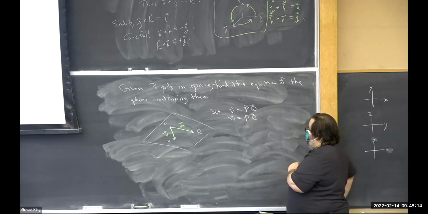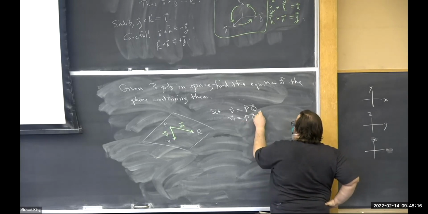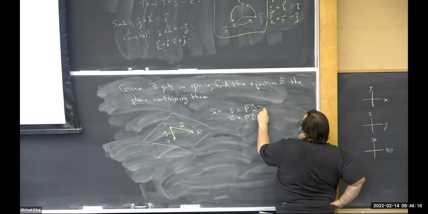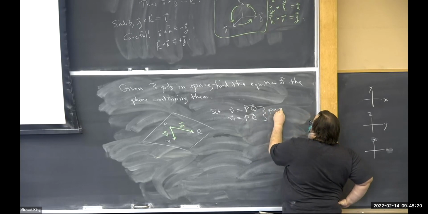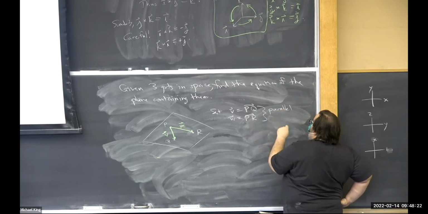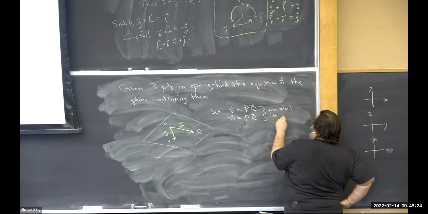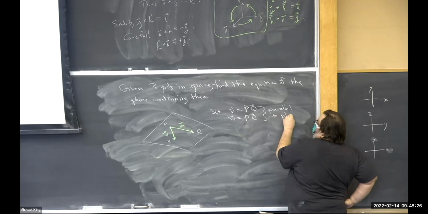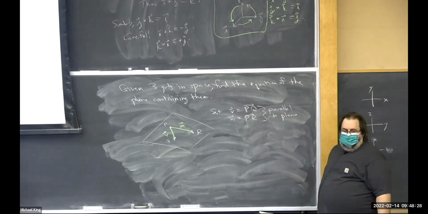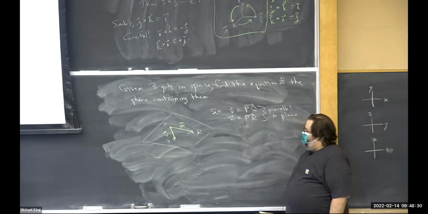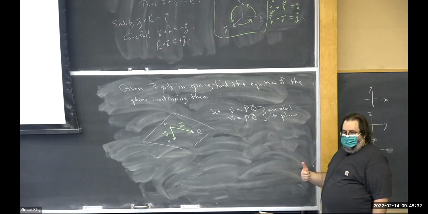Now the cool thing is that if you take the cross product of V and W, these are parallel to the plane. Really they're in the plane, but since they're displacement vectors, they're parallel to the plane. This is all happening in the plane. So what happens when you take V cross W?